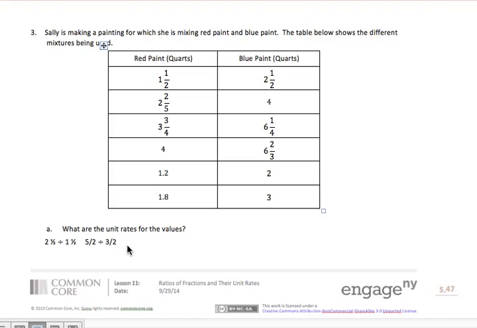When we convert those mixed numbers into improper fractions, we would get 5 halves divided by 3 halves. And then we need to rewrite the problem as a multiplication problem using the reciprocal of the second fraction. And finally, when we finish that, we would find 5/3 or 1 2/3 to be the unit rate for the values.